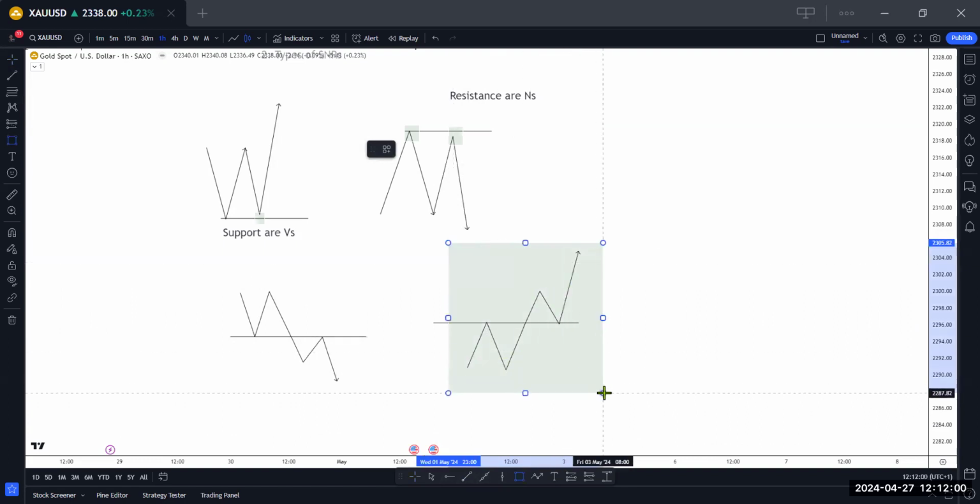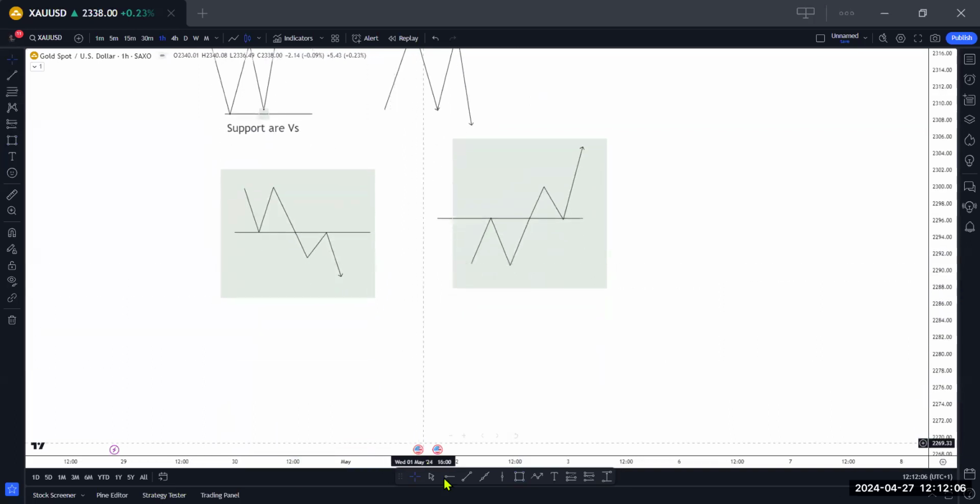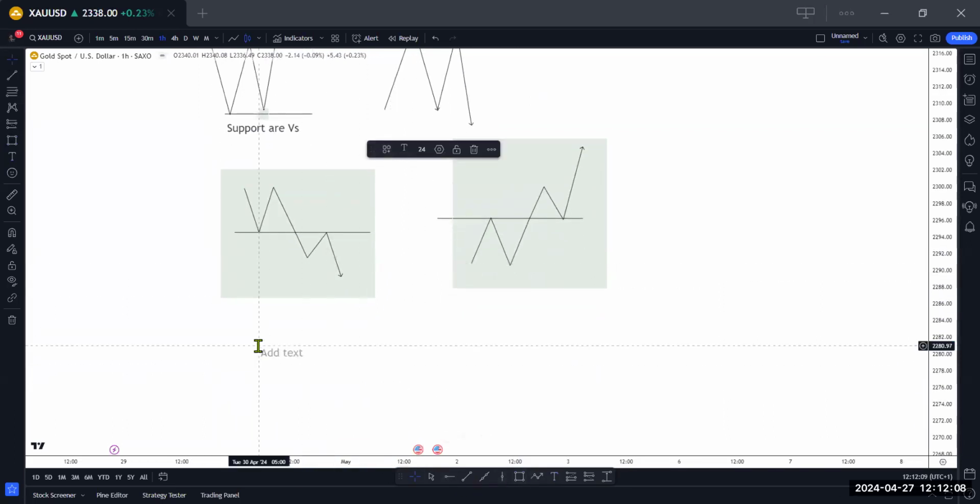And then you have support become resistance. So I write that out: when support gets broken, we have resistance. And when resistance gets broken, we have support.